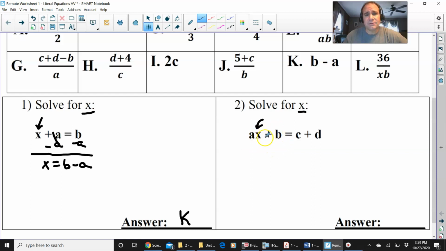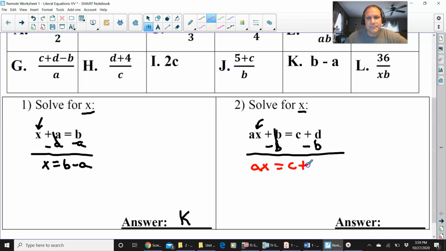I am going to take this positive b and move it to the other side. So subtracting b on each side would be a good step. The b's cancel, and we are going to have ax, nothing left on this side, equal sign comes down, c plus d minus b.